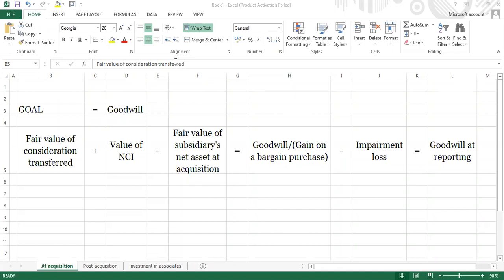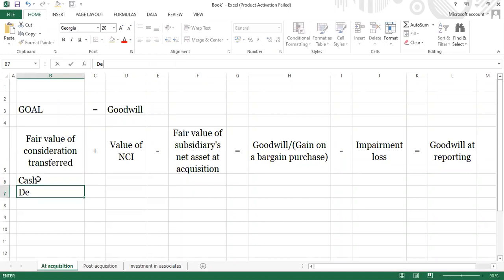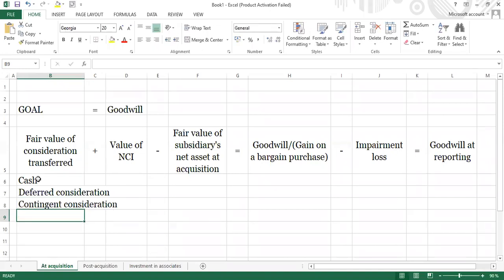We have deferred consideration or a contingent consideration. We have share exchange.